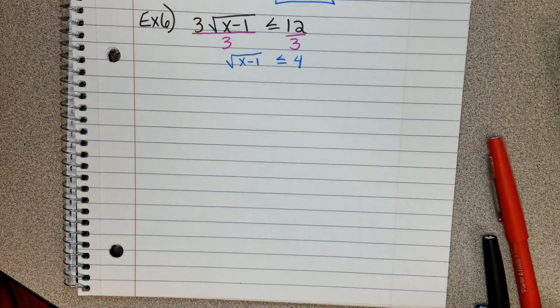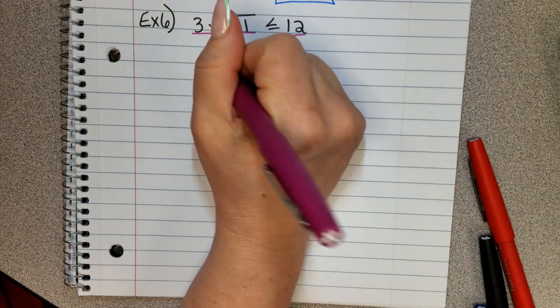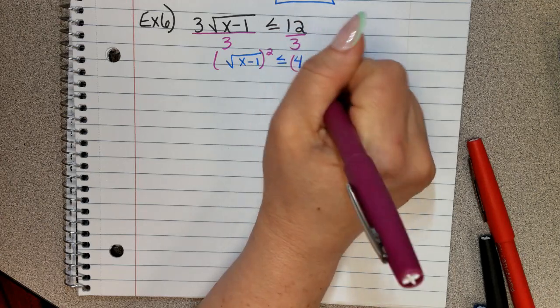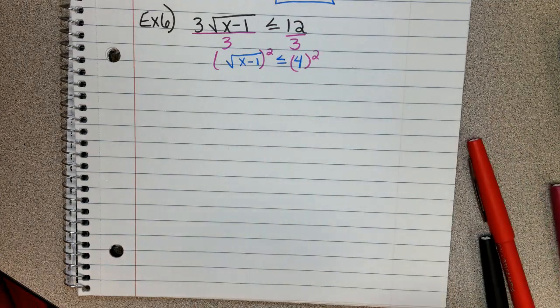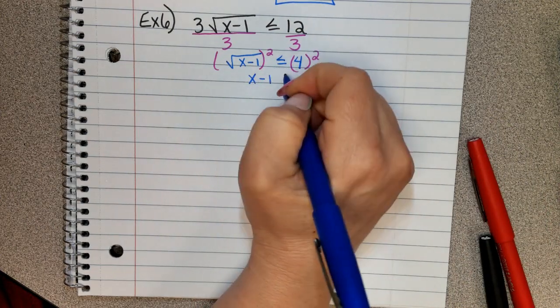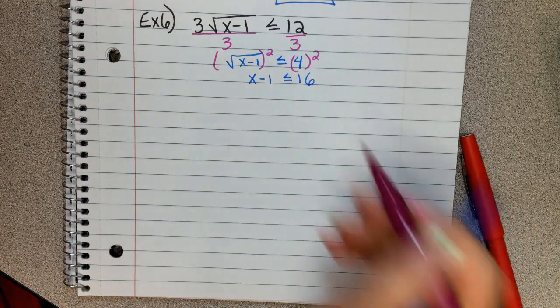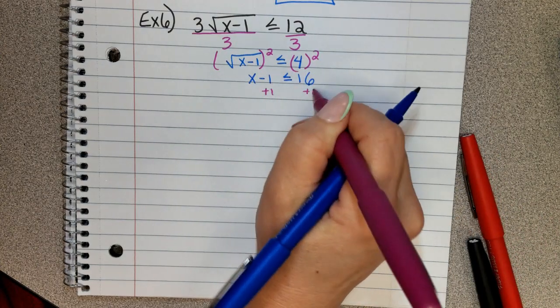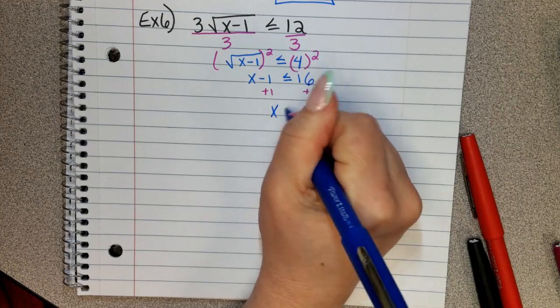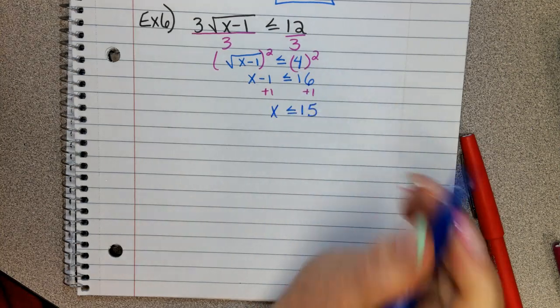Same as before, I would raise both sides to the power of 2 to get rid of that radical. So I have x minus 1 is less than or equal to 16. Add 1 to both sides, and x is less than or equal to 17.